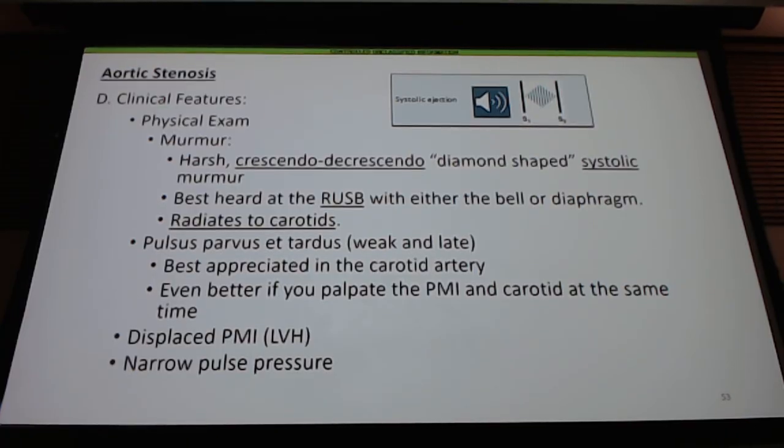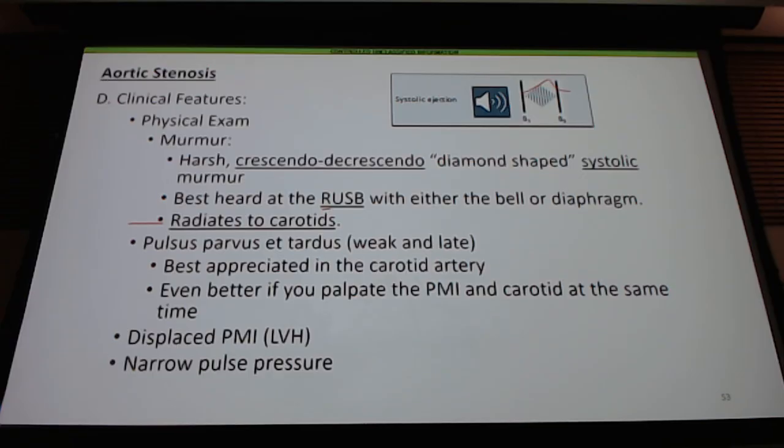With aortic stenosis, the murmur you're going to encounter is this crescendo, decrescendo pattern. Best heard at the aortic auscultation site, so the right upper sternal border, and it tends to radiate to the carotids. The direction of flow is up to the carotid, so you can hear that radiation of that murmur up there.